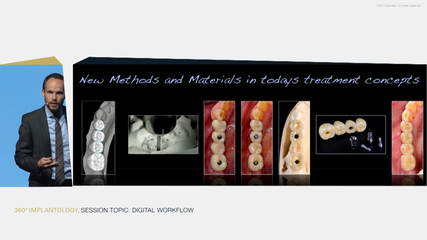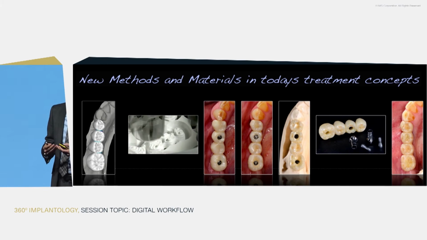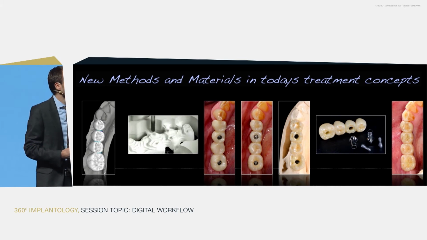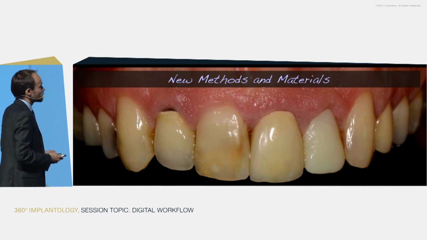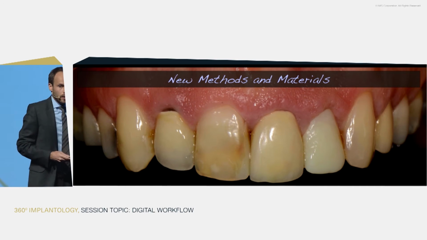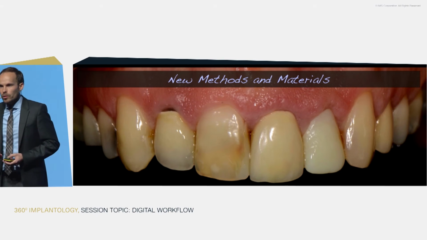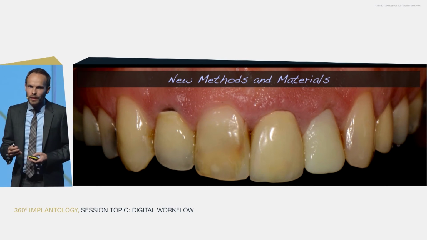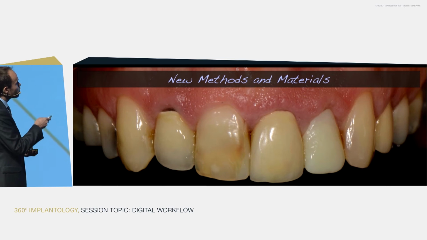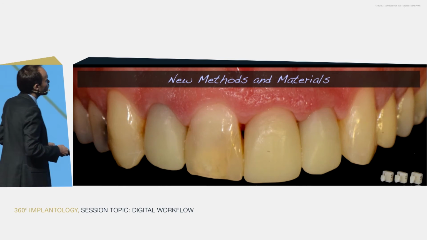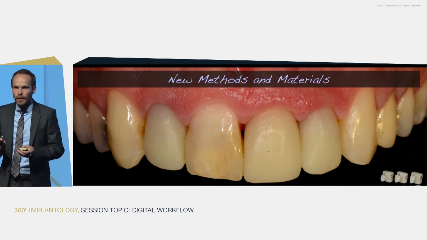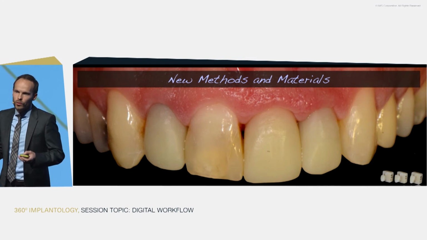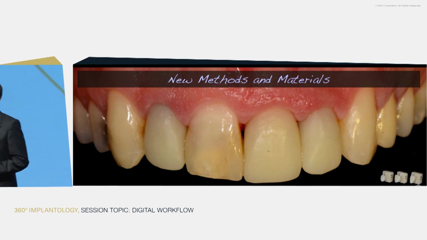And we have the strength, and we have the surface texture that allows us to create a resistant reconstruction for these patients. But the moment we move to the anterior zone, things become more tricky, because if you see this, the patient holds onto this tooth, and we come up with 3 monolithic reconstructions, just a try-in, and you see there is no chance that this patient will accept this type of reconstruction.